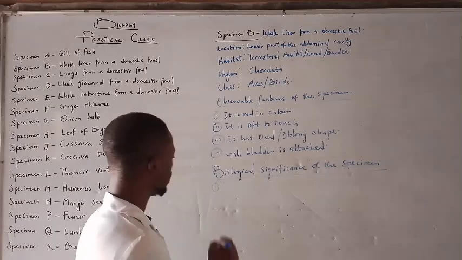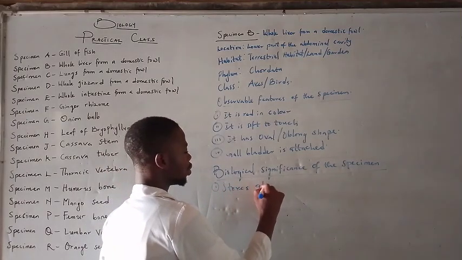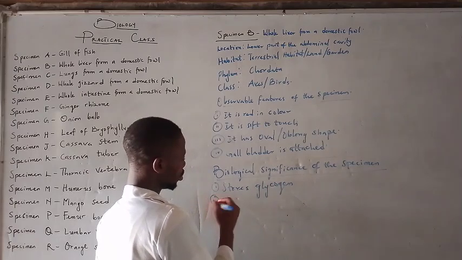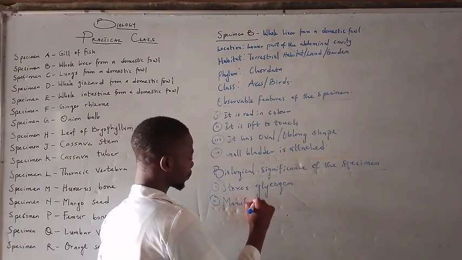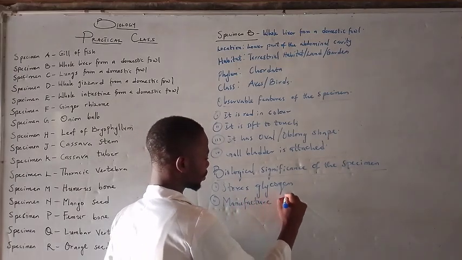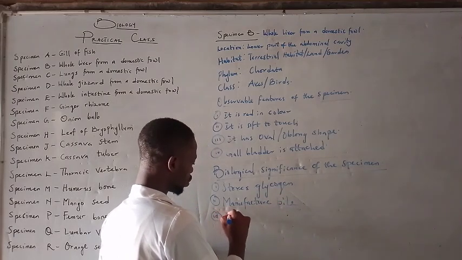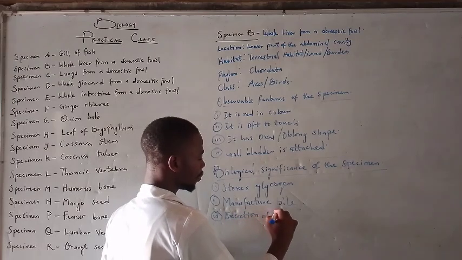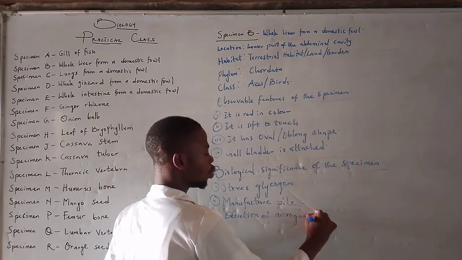Number one, it stores glycogen. Number two, manufactured by. Number three, excretion of nitrogenous waste.